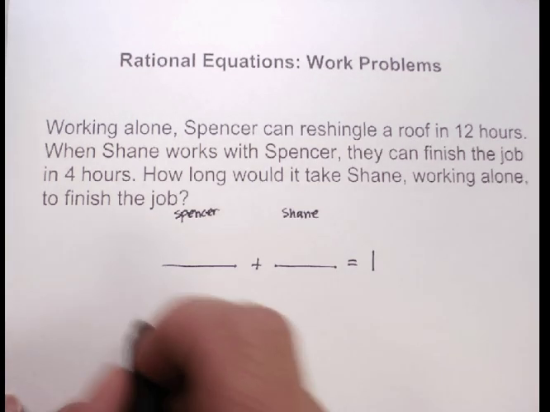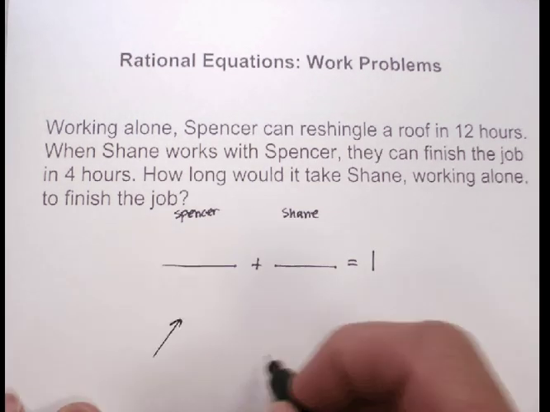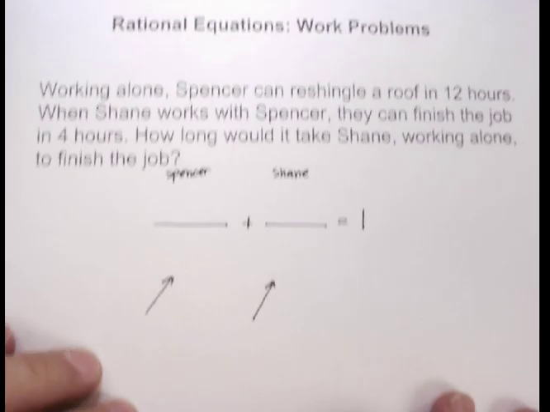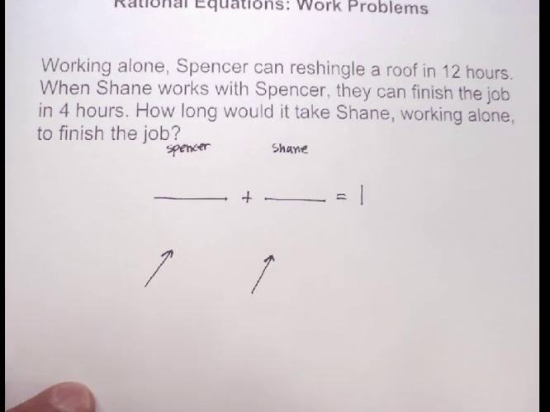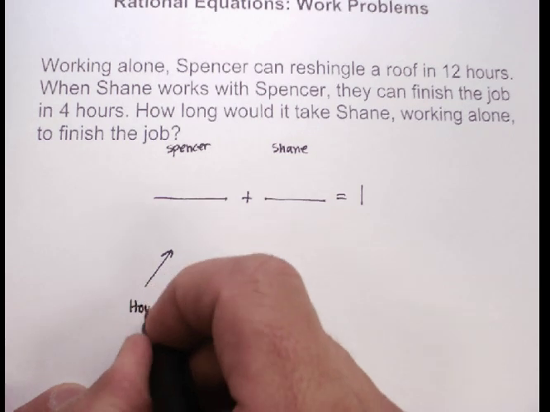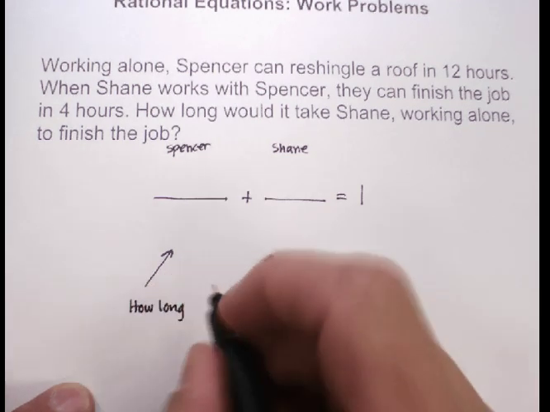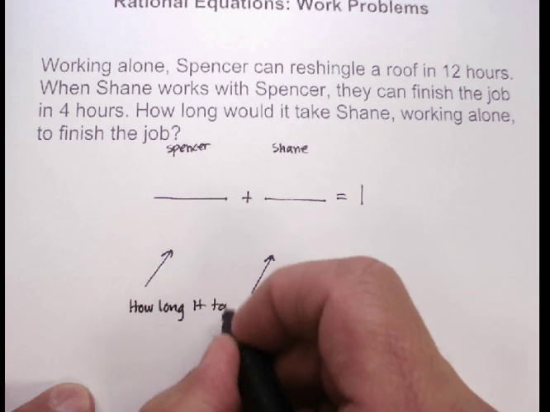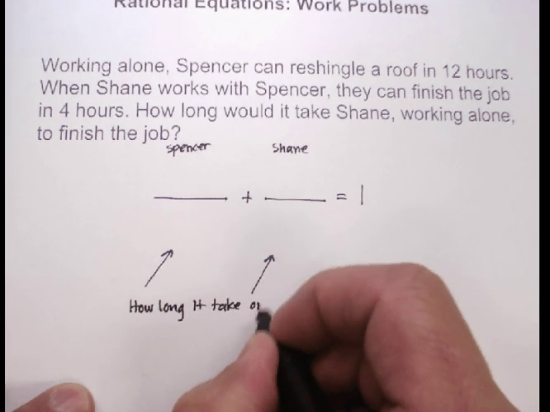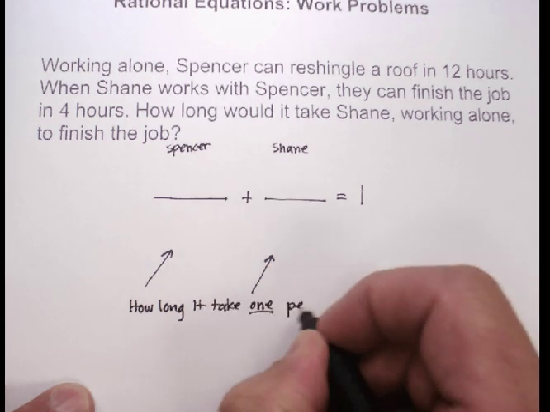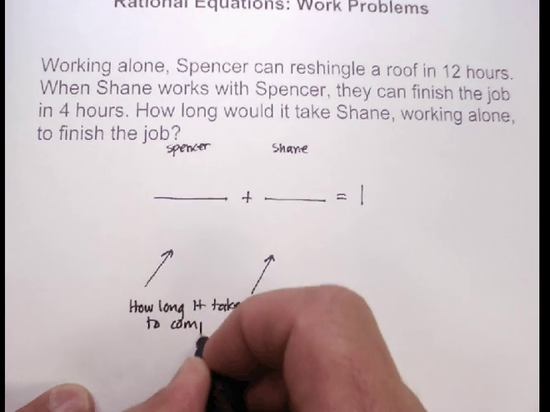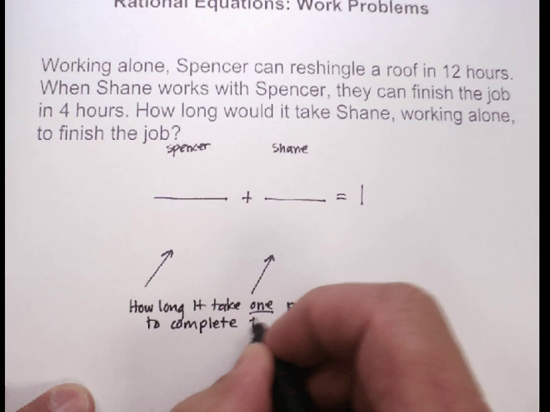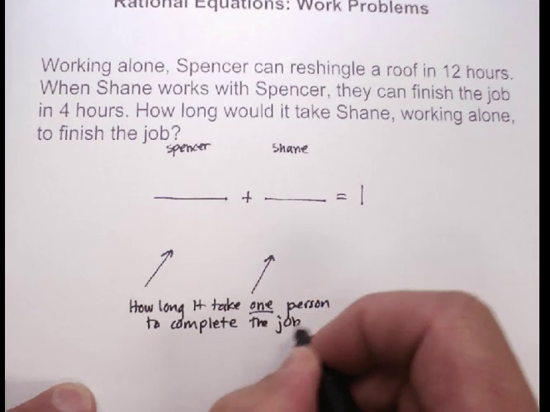Now in the denominator, you're going to put how long it takes one person to complete the job. By the way, it doesn't have to be a person.